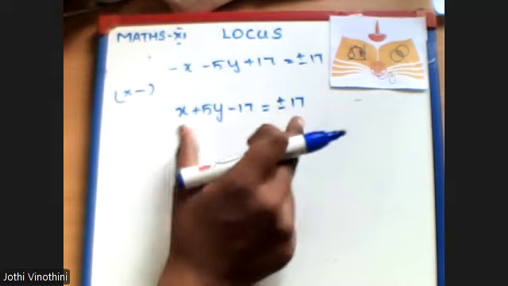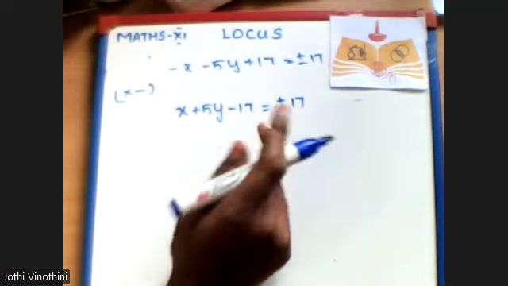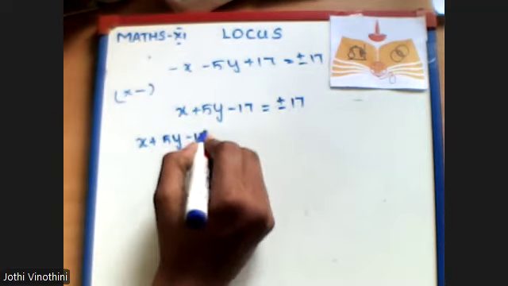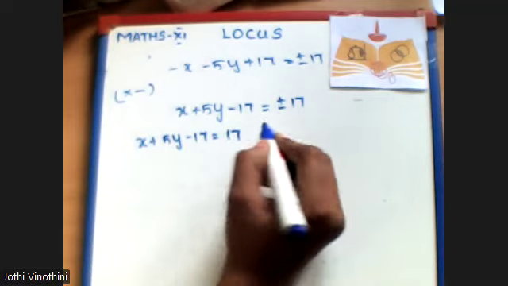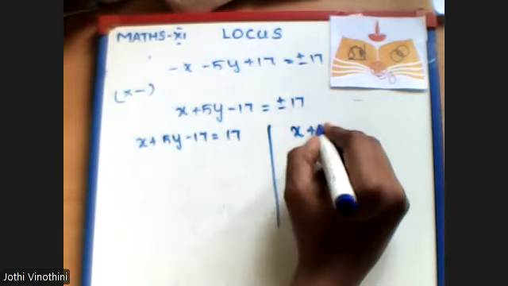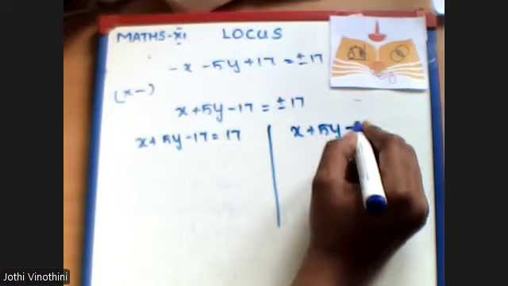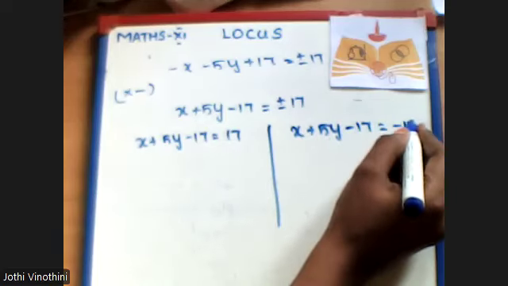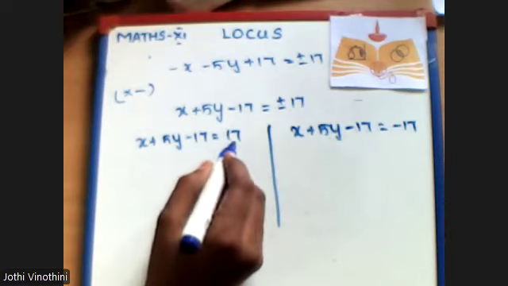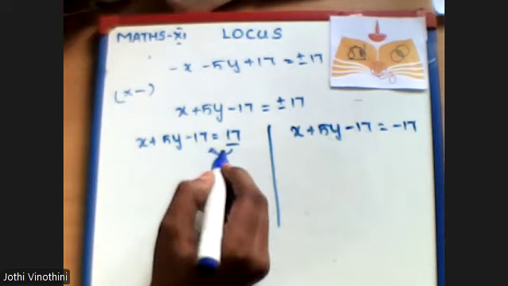Now I am going to separate this equation into 2. So the first will be x plus 5y minus 17, which equals plus 17. The other equation will be x plus 5y minus 17, which equals minus 17. So first, we are going to move this 17 here.